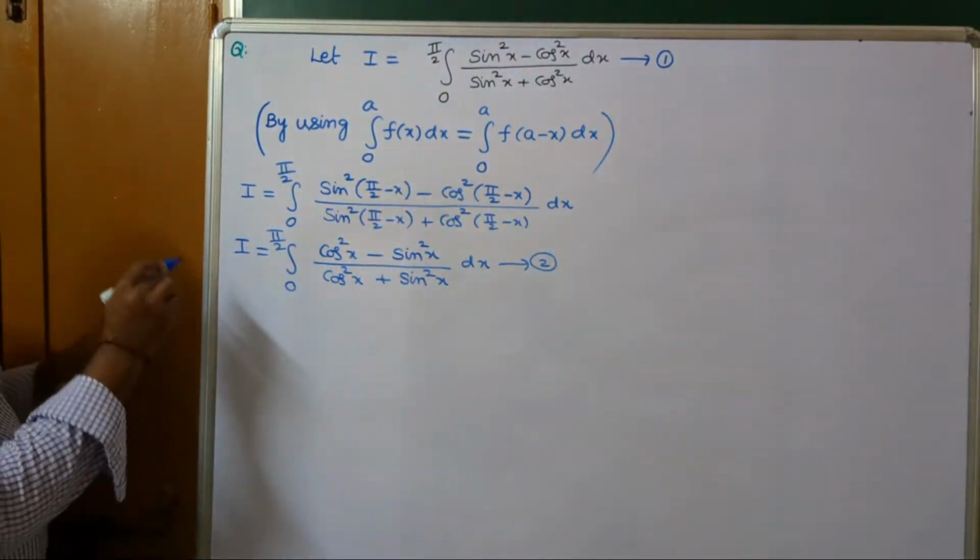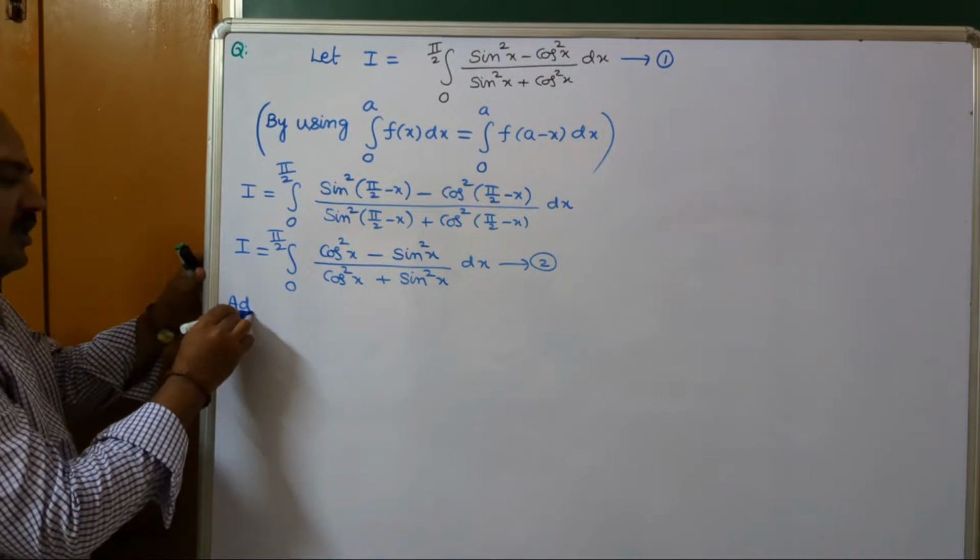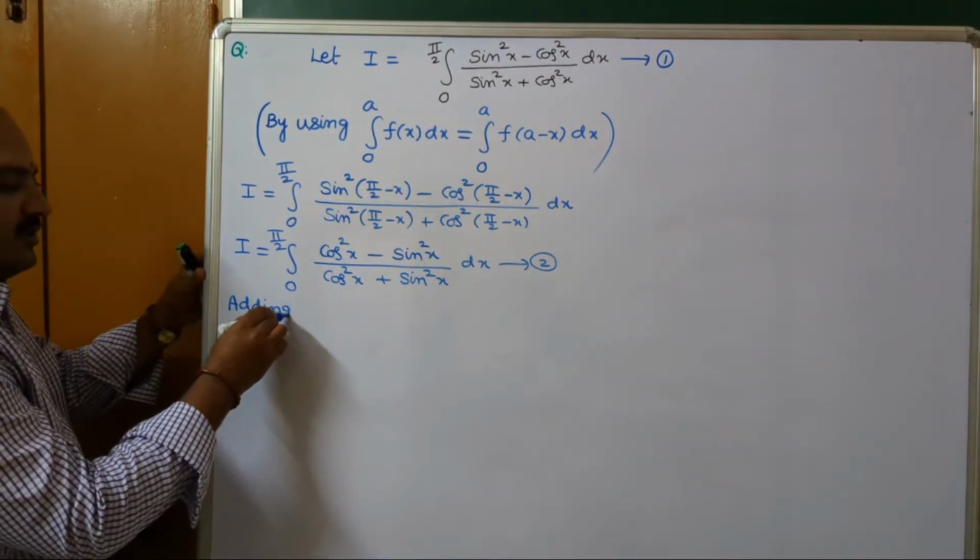Now adding 1 and 2. Adding is the method for either 4 marks or 2 marks questions like this.